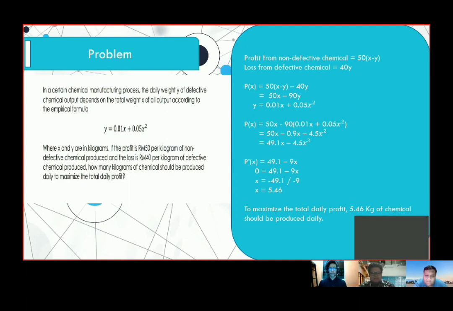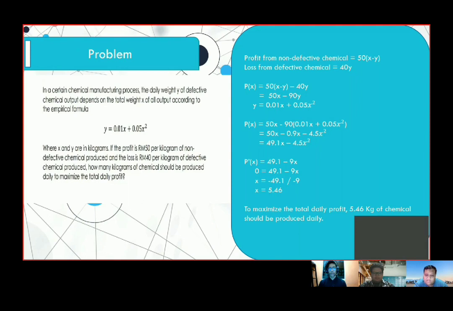So for the next step, we have 49.1x minus 4.5x squared. We need to differentiate it, and then we get P prime of x equal to 49.1 minus 9x. Then we replace the P prime with 0, which is 0 equal to 49.1 minus 9x, and then x must be equal to negative 49.1 over negative 9.